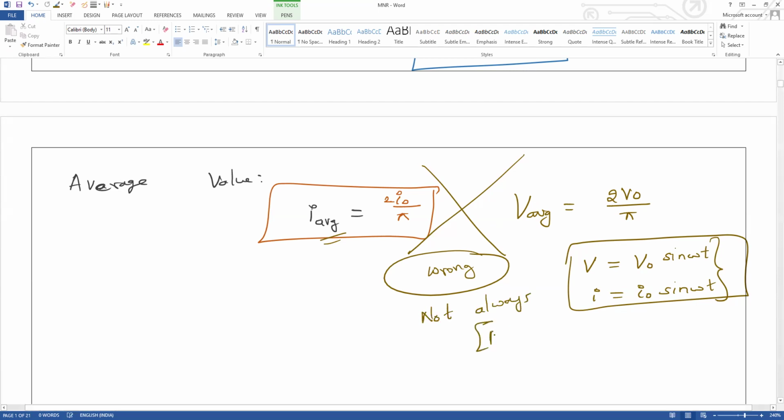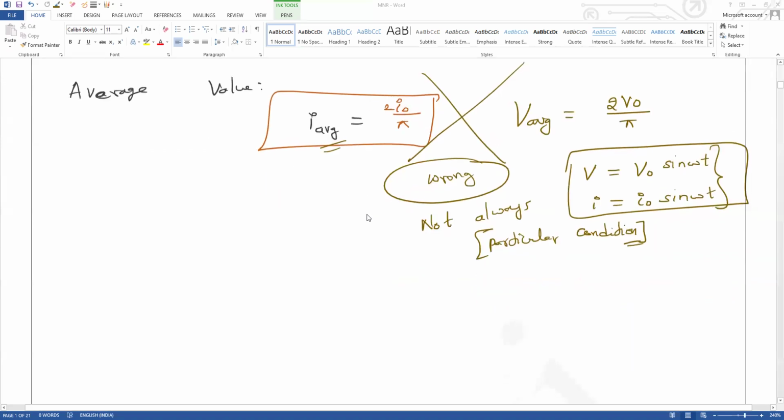It is only for a particular condition. What condition, we'll discuss in today's class. Only for that particular condition, I average equals 2 I naught by pi and V average equals 2 V naught by pi. Are you getting my point?